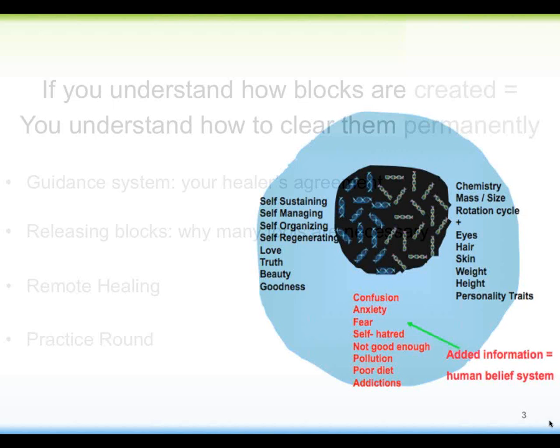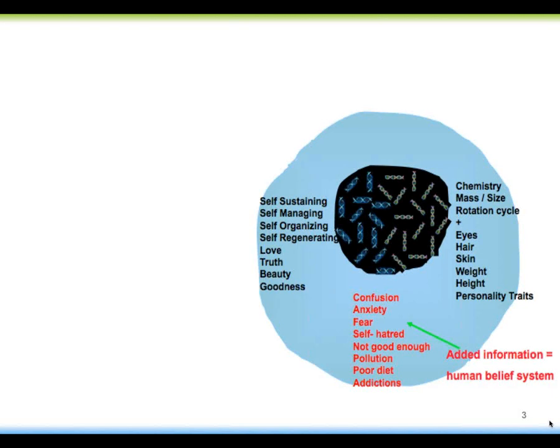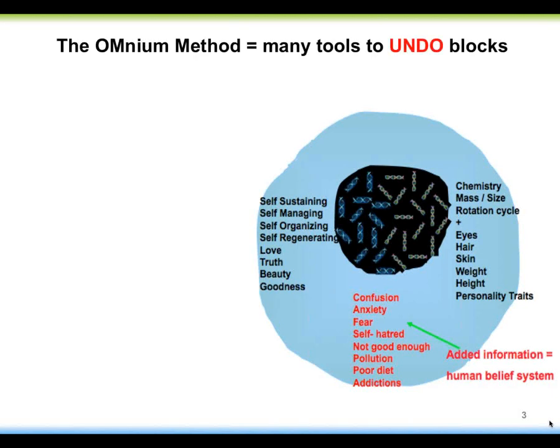All right, so moving right along, we said last time that the Omnium method is not about doing anything. If anything, it's about undoing, because we add information into the cell that wasn't there.